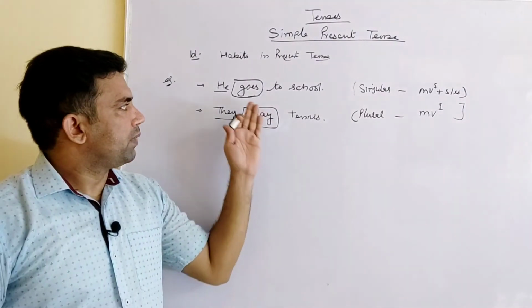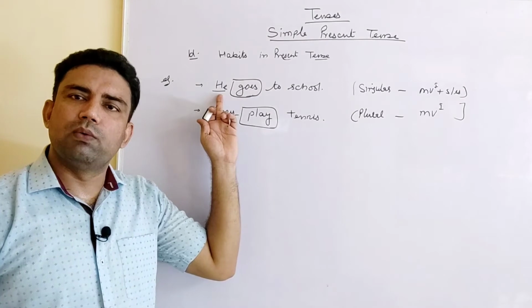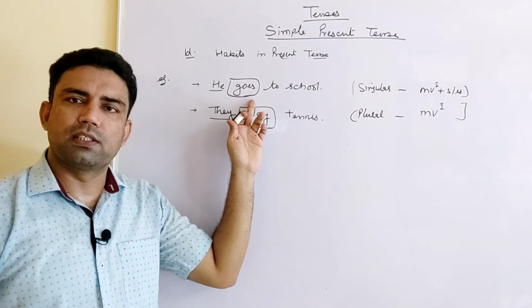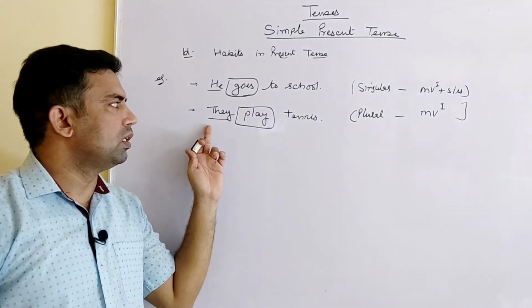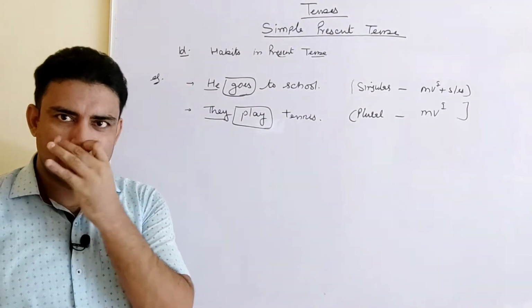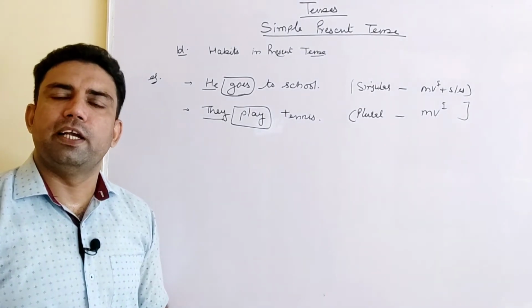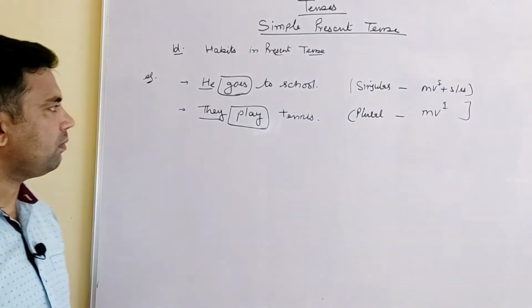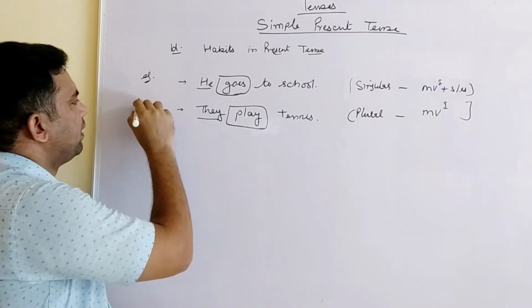When we have a singular subject, we use main verb first form plus s or es. When we have a plural subject, we use main verb first form only. We do not make any kind of changes in those tenses. Alright? Now that is all affirmative sentences.